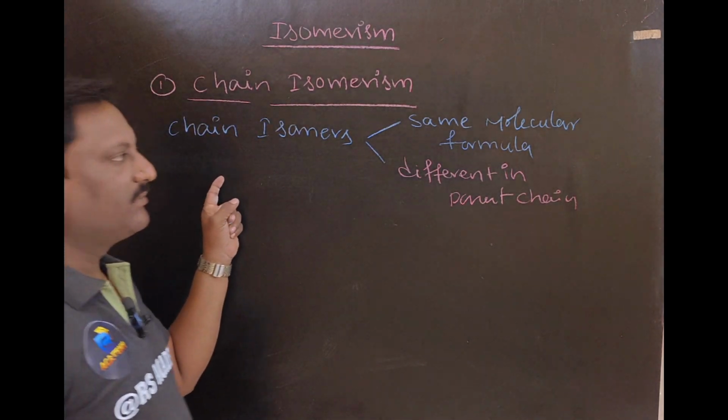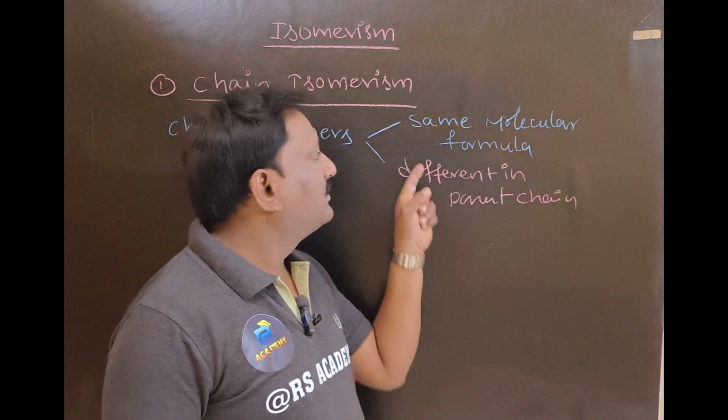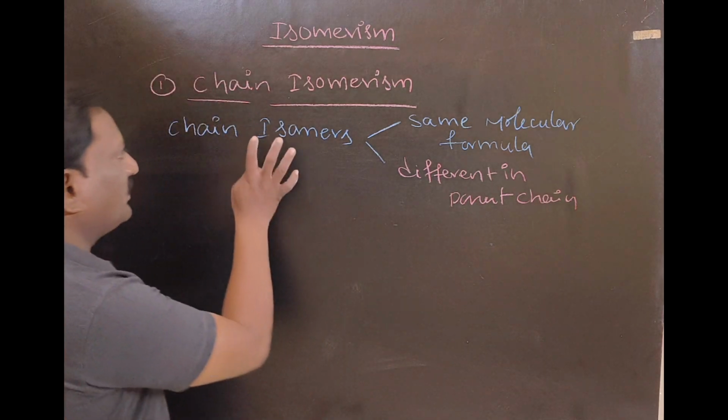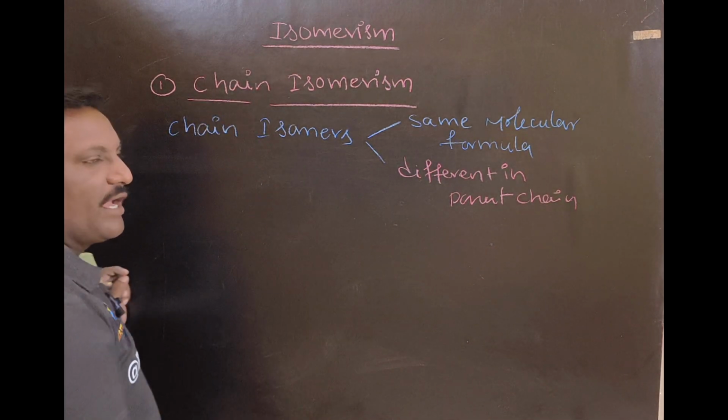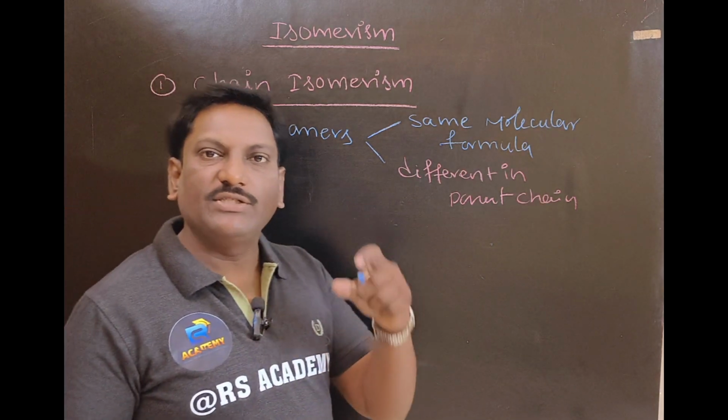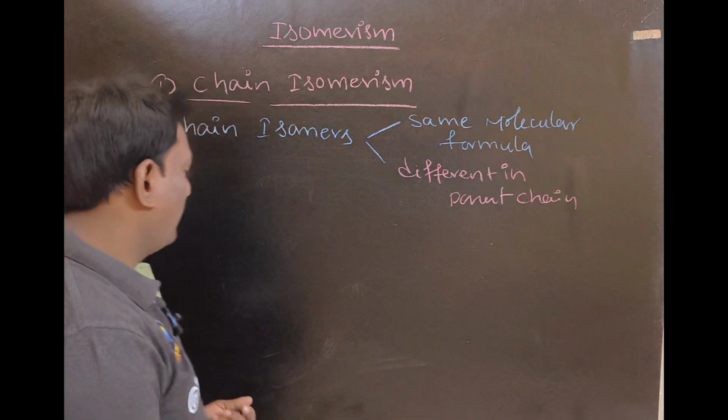Chain isomers are nothing but organic compounds having same molecular formula, different in parent chain. This phenomenon is called chain isomerism. So we need to make a change in the parent chain.